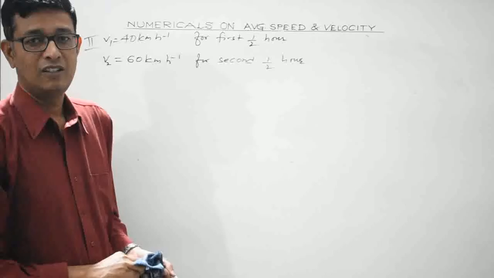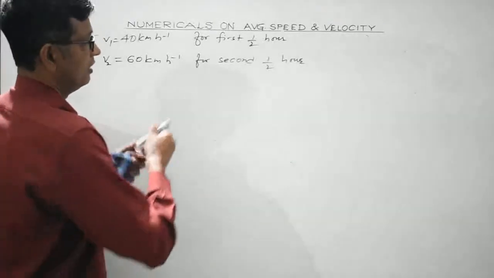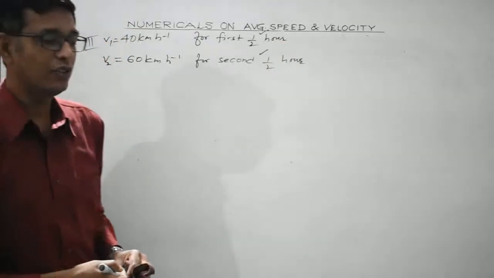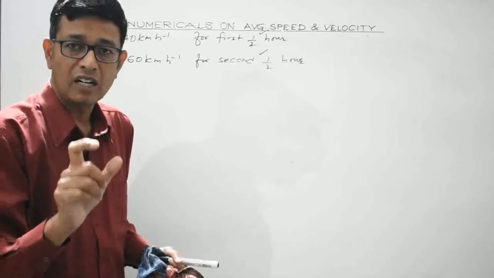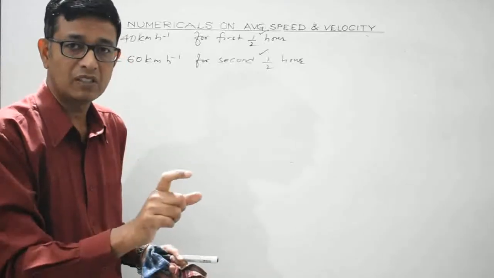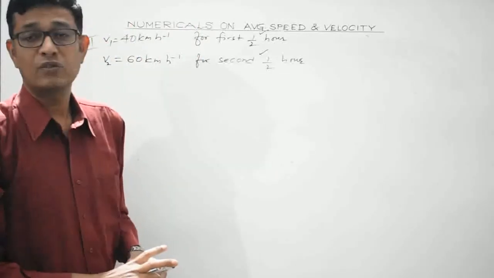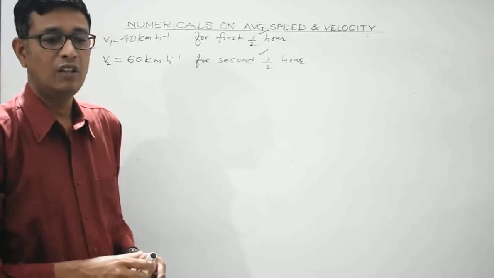Right? So students, think over it, which formula to be used? Look, here the duration is same. So we are supposed to consider the case where the body covers unequal distances or displacements in equal intervals of time. And students, we have already discussed the formula to be used in such a case, right?